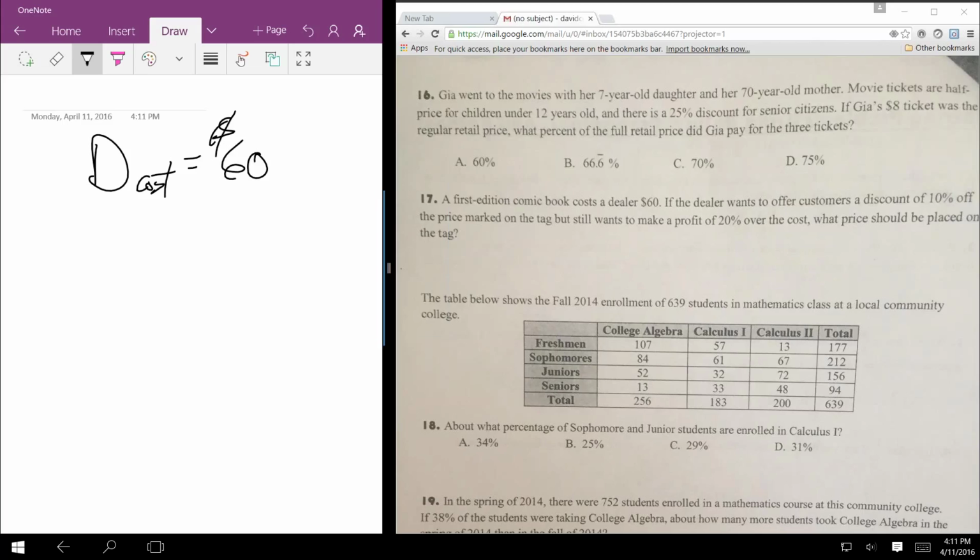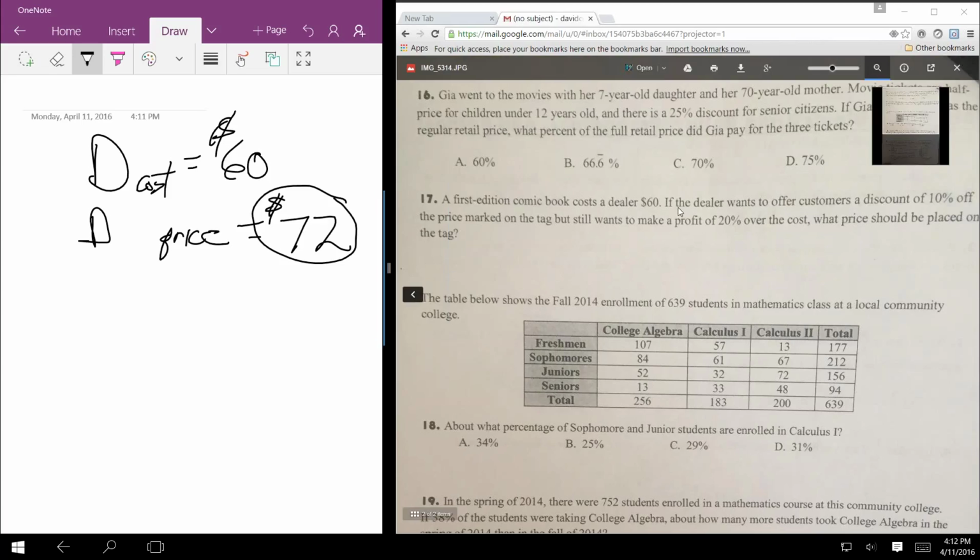If he needs to make a 20% profit, what does he need to sell it for? The retail price. No, excuse me, the price that he sells it for, whether I call it retail or not. $12? Well, 60 plus 12. Oh, 72. Right. In other words, if he sells it for $72, if that's how much he gets in cash, he will have made a $12 profit, which will represent a 20% profit.